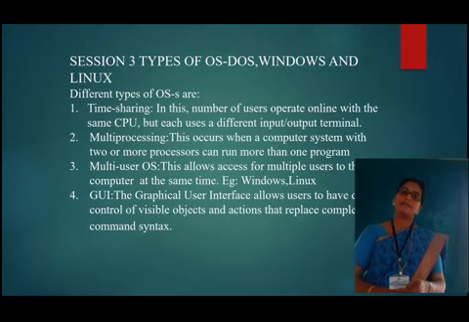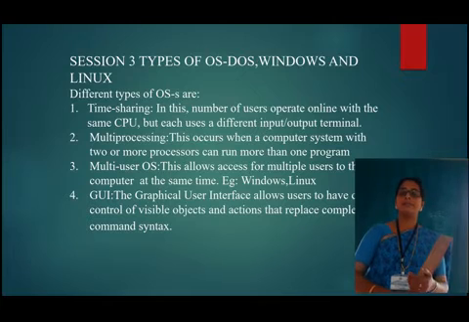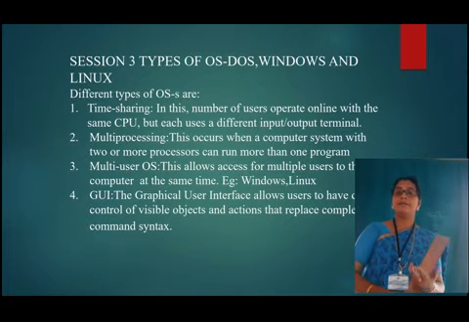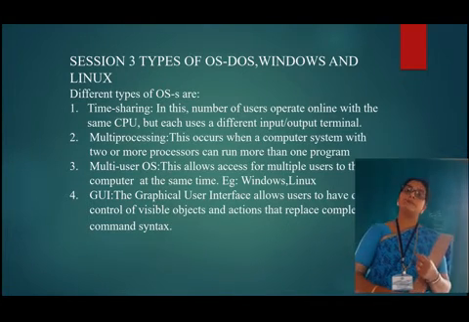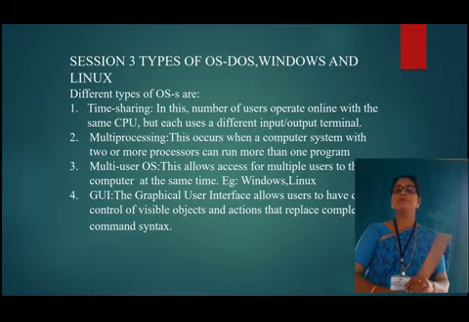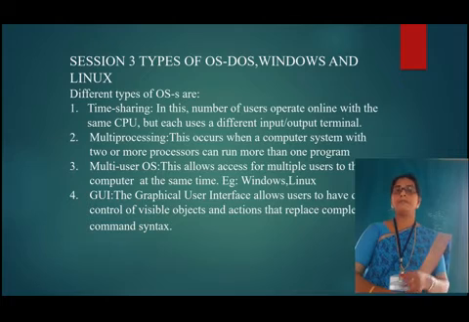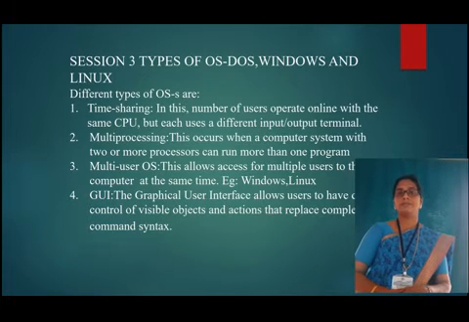Types of operating system. Time sharing. Time sharing is defined as the extension of multi-programming. Multiple users can work with the same CPU, but at the same time, different input-output terminals are required.